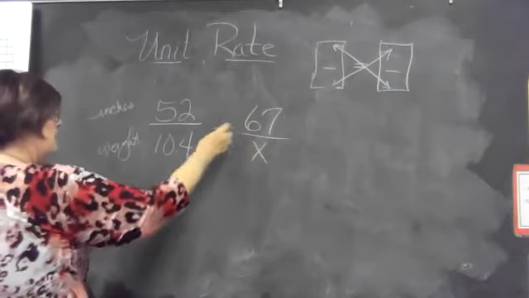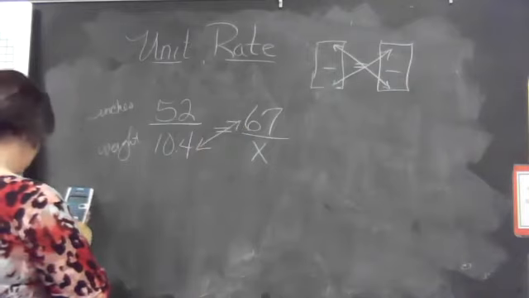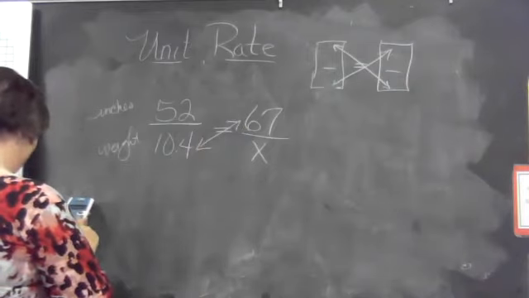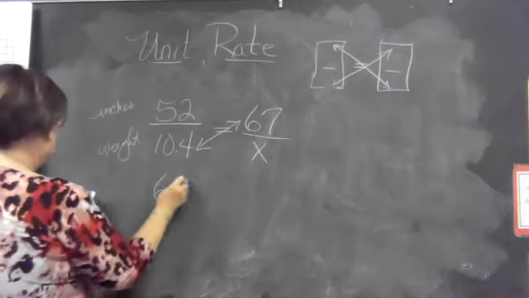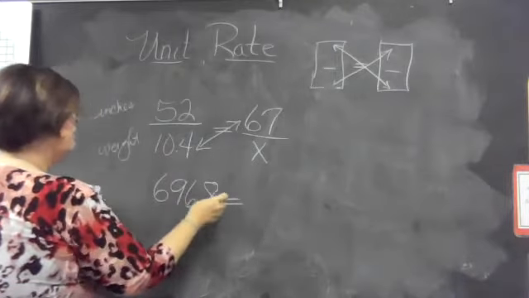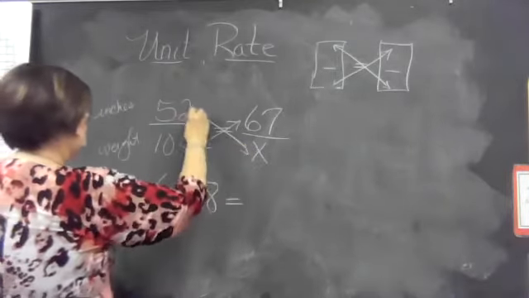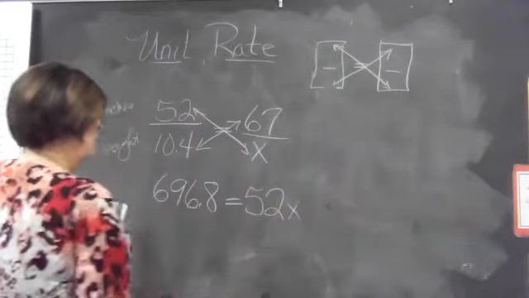So write this out. 67 times 10.4 is 696.8, equals the other way, 52x.